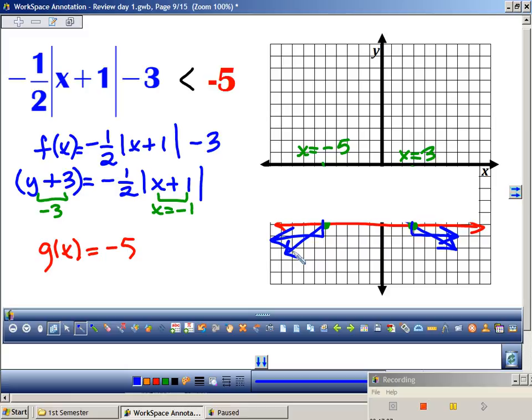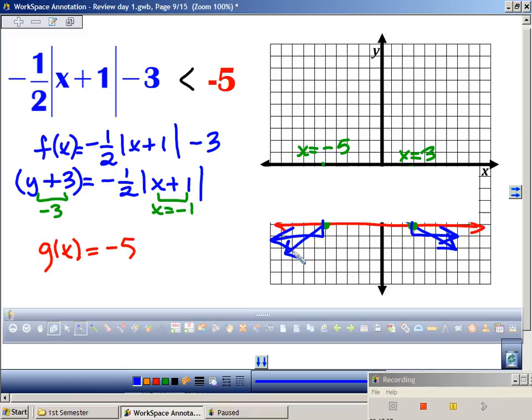It's almost like those arrows are going out. So if this was your number line right here, it would be x is greater than 3, x is less than negative 5, and it's going to be or, because it's going out. Does that help?